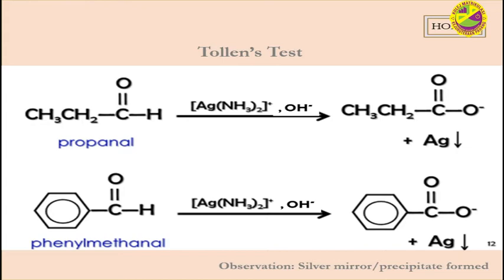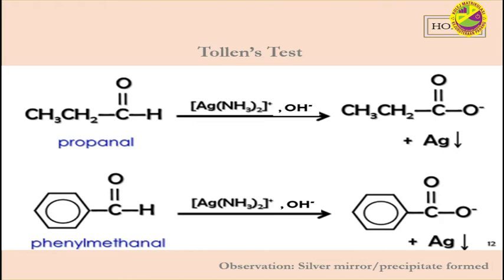The product we will write as carbon double bond O, and the hydrogen is replaced with O- plus silver with an arrow pointing downwards to represent the silver precipitate. The same goes for the second equation.